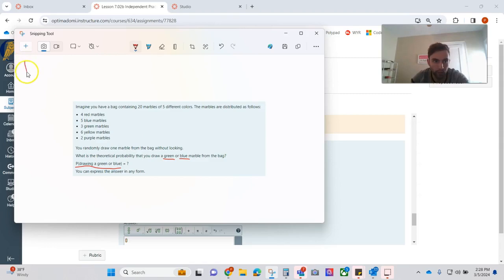This fraction will look like this: desired outcomes on top of total outcomes. That's what we're comparing. How many times can I win versus how many total things are there? How many worlds do I win versus how many worlds do I not win? How many worlds are there?